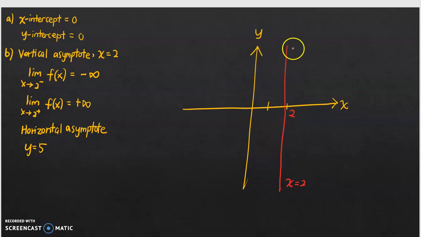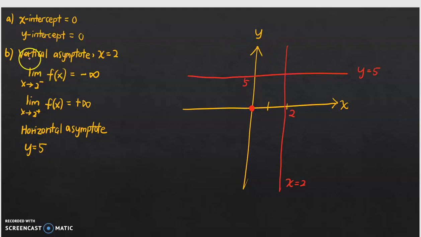This is our vertical asymptote. And our horizontal asymptote is at y = 5. So first we have to know that our x-intercept and y-intercept are here.